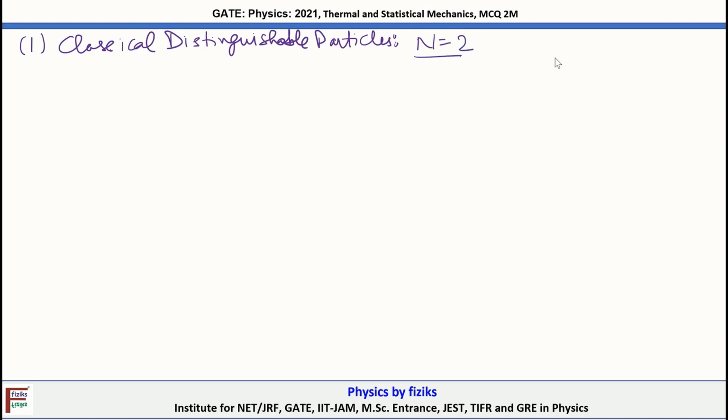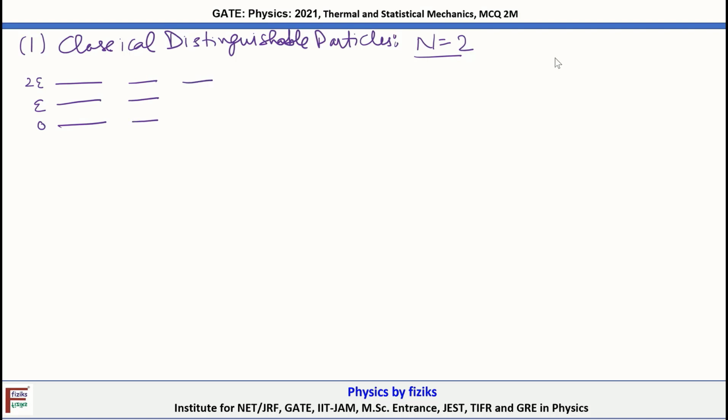Let's try to find out how many microstates are feasible for the distribution of these two classically distinguishable particles. I'm going to draw all the possible microstates here. Just try to understand how we do it. The energy levels are 0, E and 2E.